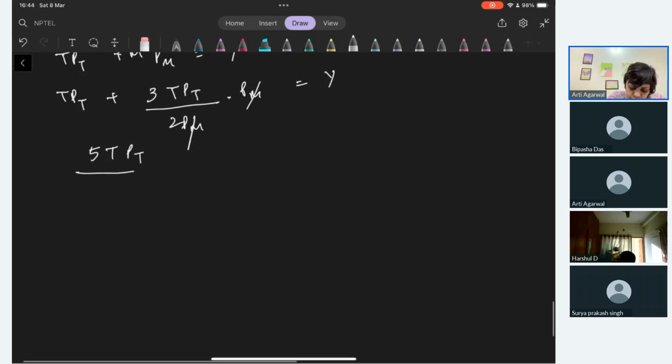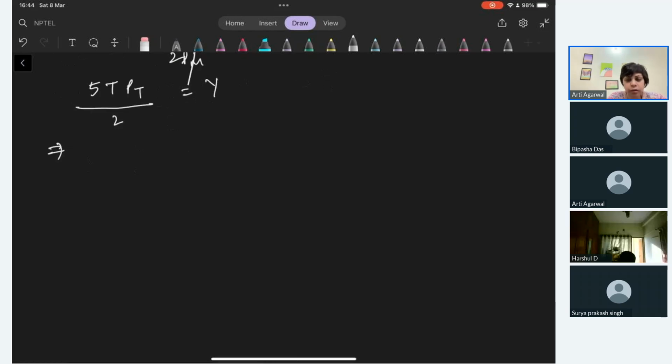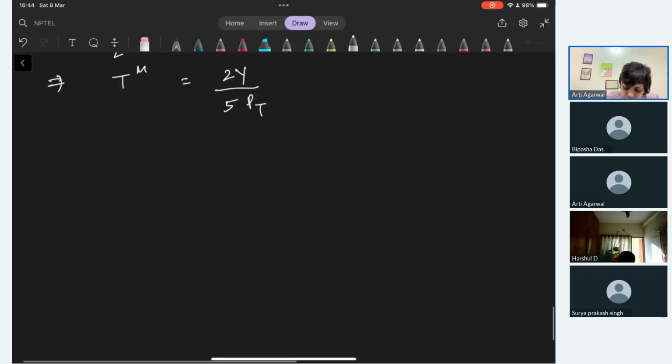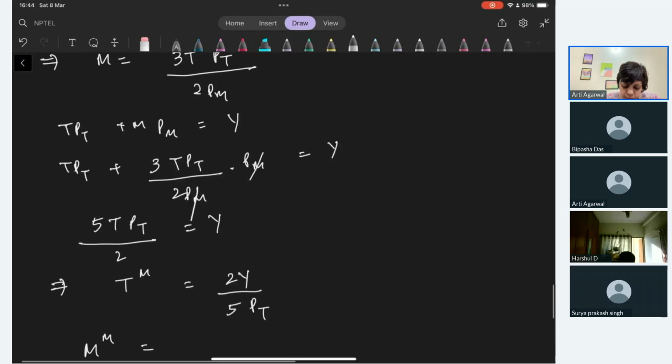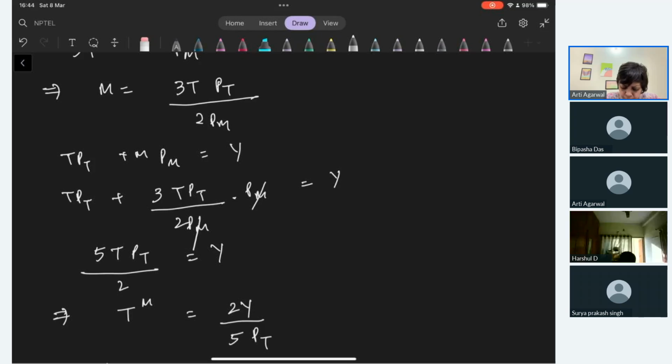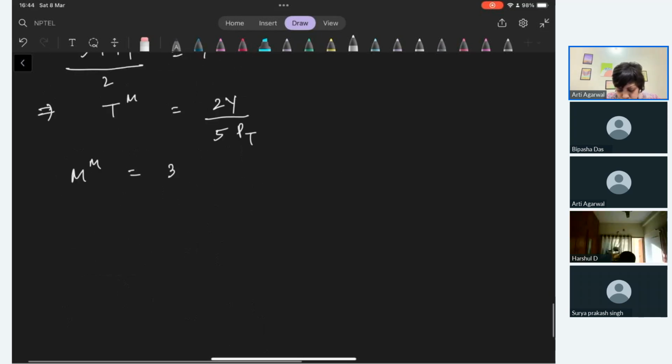So from here, we need to just rearrange the terms so we get it in terms of y and pt. So this is t Marshallian demand, that's why the superscript M, equal to 2y by 5 pt. This is the expression. Now you substitute this value into the expression for m and you get the function for Marshallian demand for m. So it's 3 by 2 pt by pm into t, that is the expression for m.